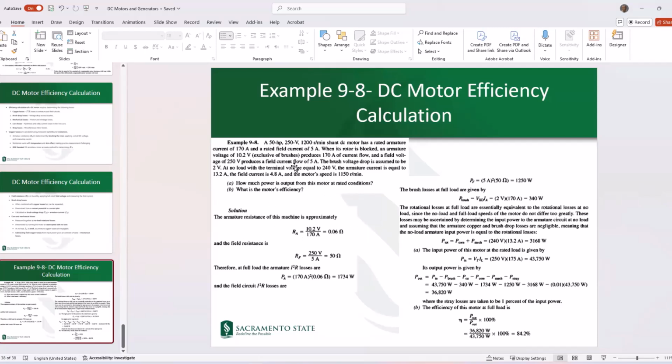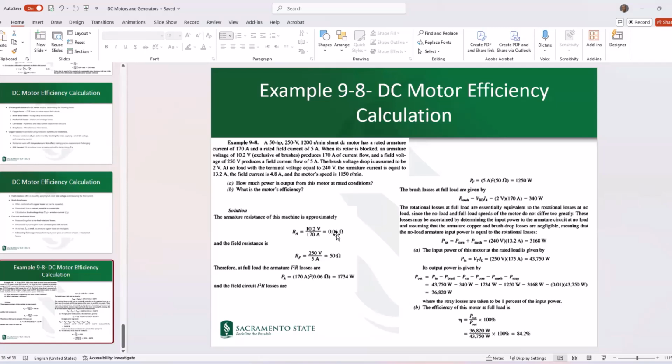So there are a few tests that have been done. The first test is the blocked rotor test, in which we applied a voltage of 10.2 volts on the armature, exclusive of the brushes, and we measured the rated current, which is 170 amps, in the armature circuit.